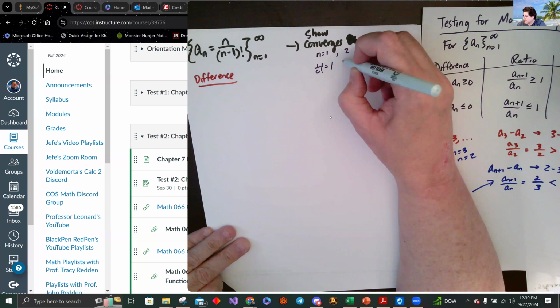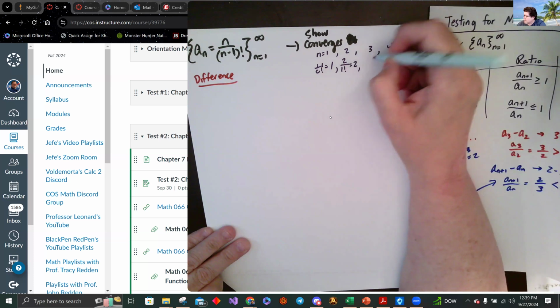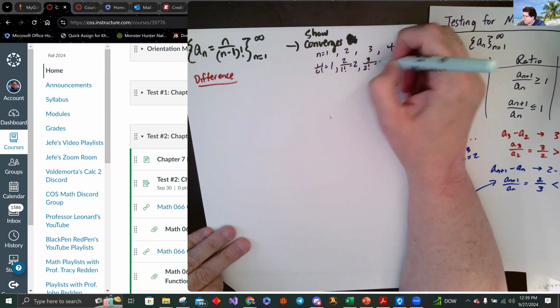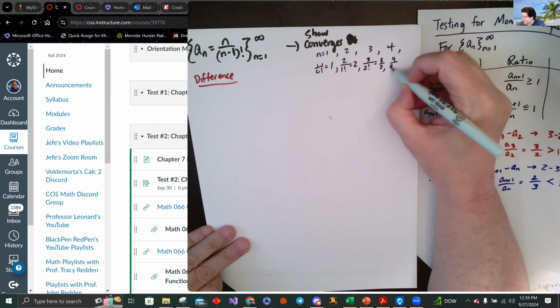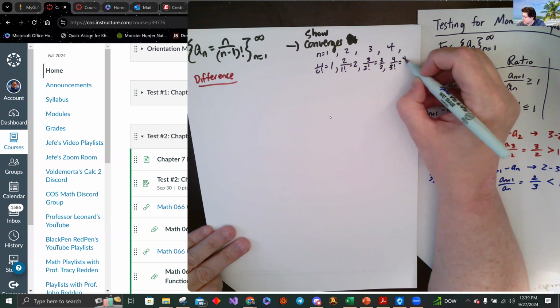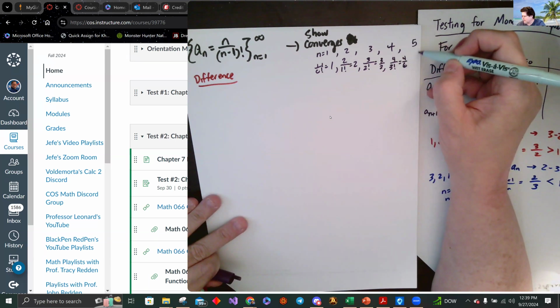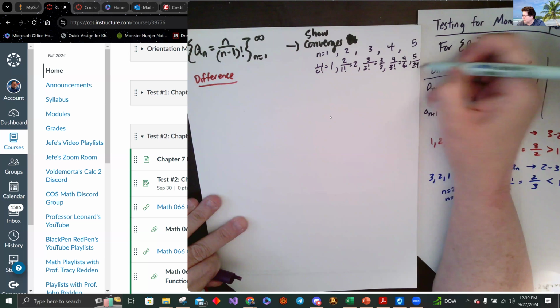This is 2 over 1 factorial, which is 2. This is 3 over 2 factorial, which is 3 halves. This is 4 over 3 factorial, which is 4/6. It's starting to go the other way. If I do 5, I've got 5 over 4 factorial, and 4 factorial is 24.